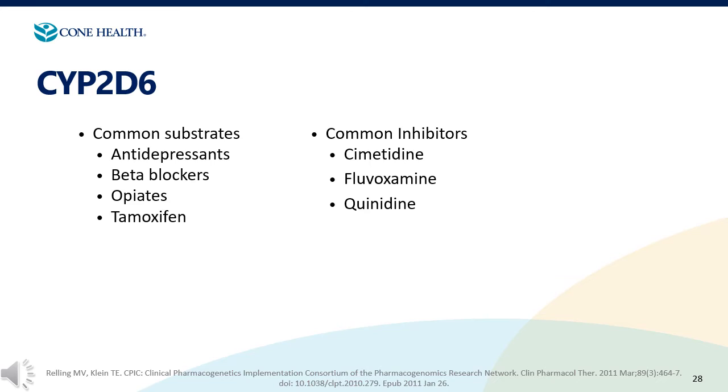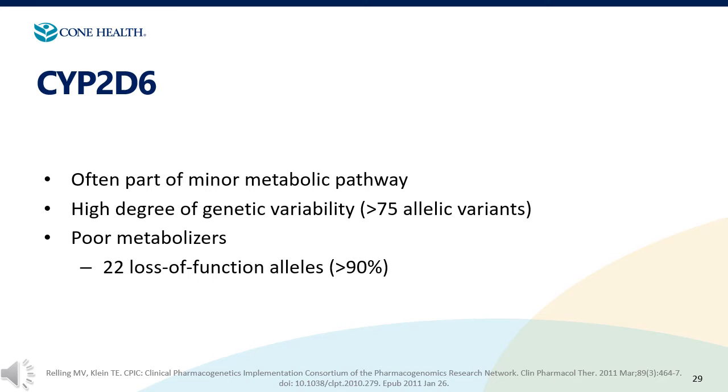CYP2D6 is most commonly associated with antidepressants and opioids, but I've listed common substrates and inhibitors on this slide as well. Though it's not always part of major metabolic pathways, it is a minor enzyme for many, many drugs. It's found to have some of the highest degree of genetic variability, with over 75 identified variants.